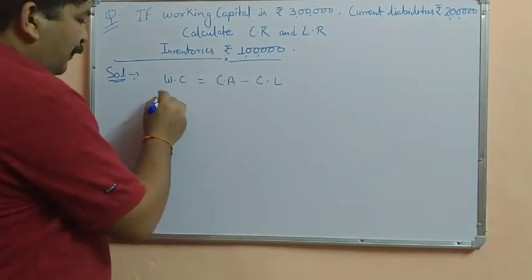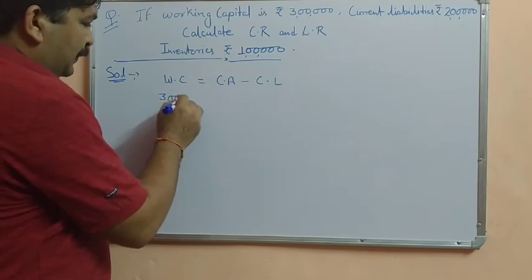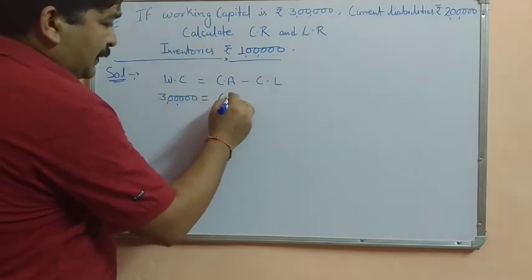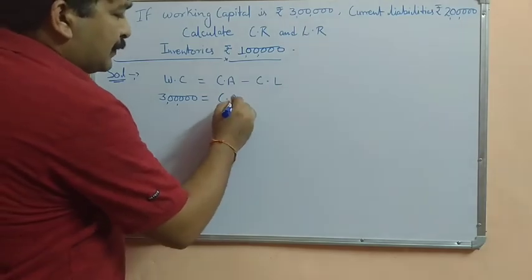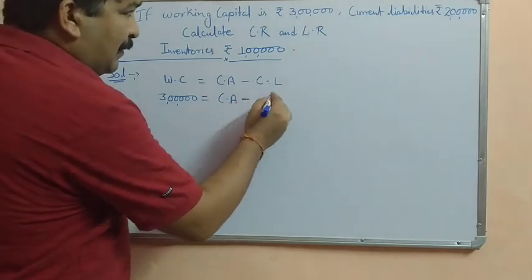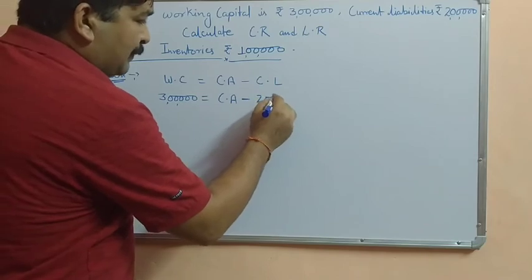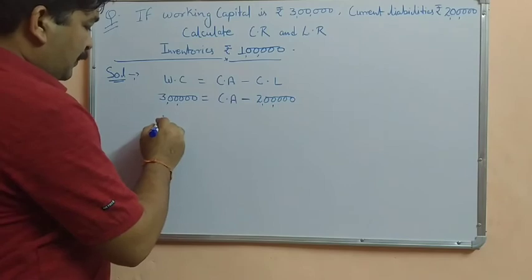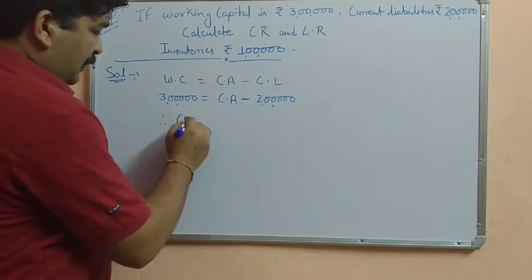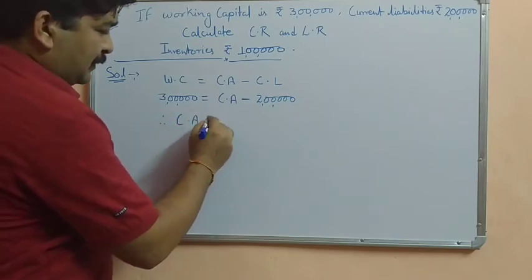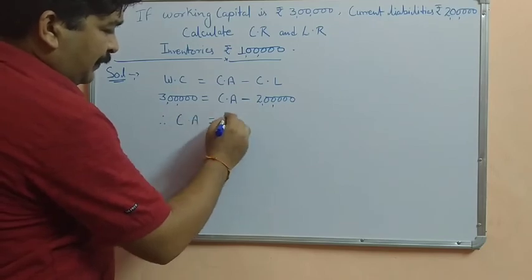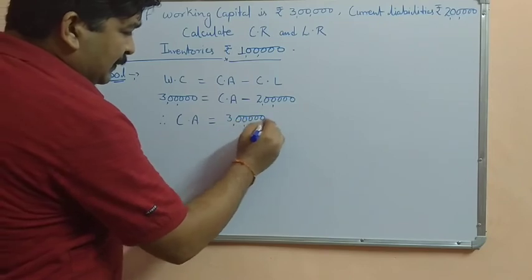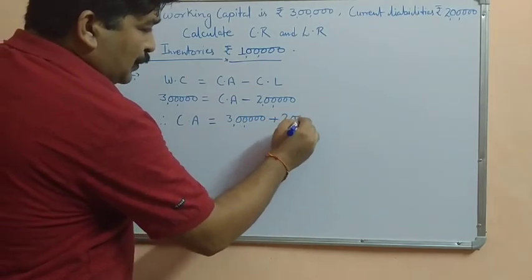Working capital is given as 3 lakh. Current asset minus current liability, which is 2 lakh. Therefore, current asset will be 3 lakh plus 2 lakh.